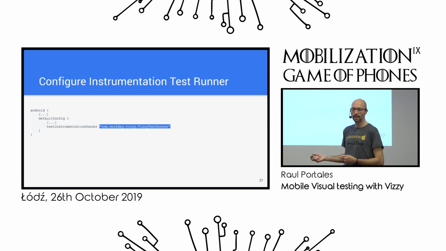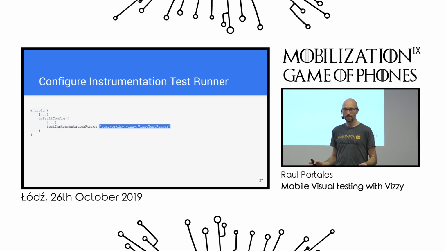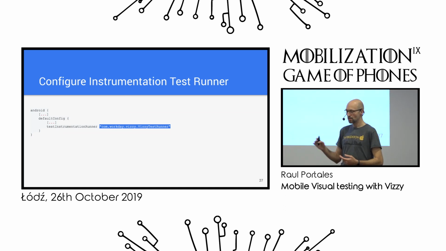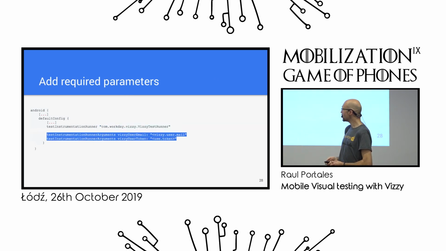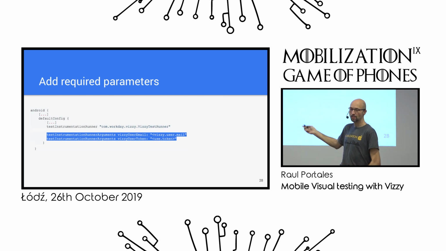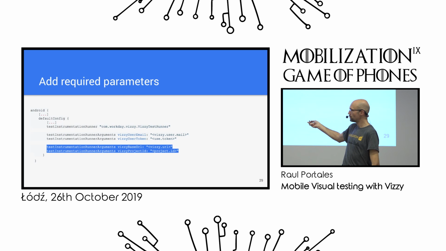And that will take care of creating the directories for the screenshots, taking the screenshots, and when all the instrumentation tests are finished, comparing these screenshots with whatever is in the server. For that, you need to have a user email and token on the Vizzy server, and you also need to have the base URL, because the server has to be somewhere, and a project ID.